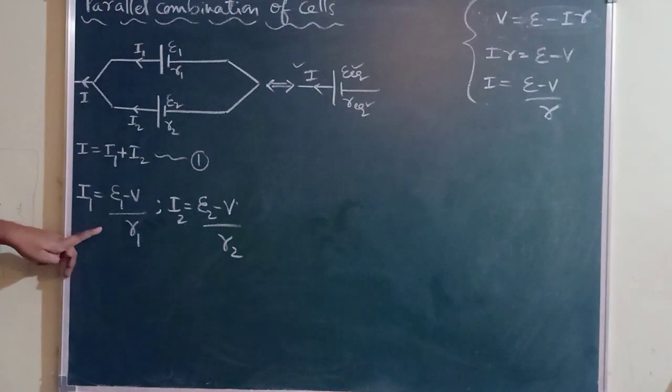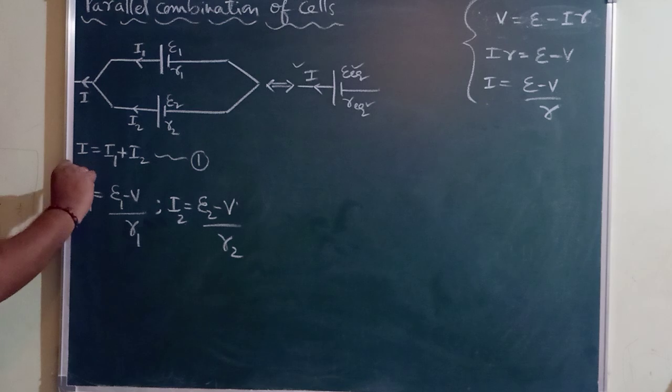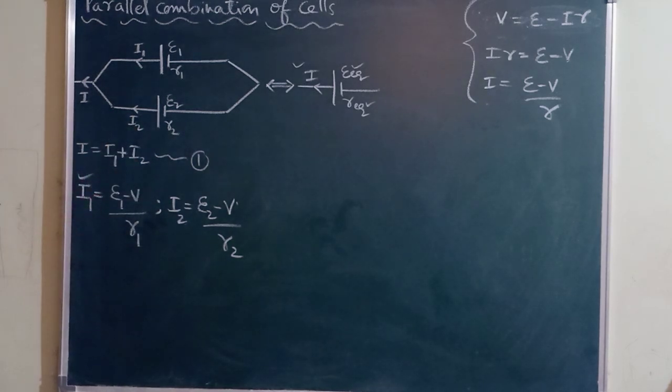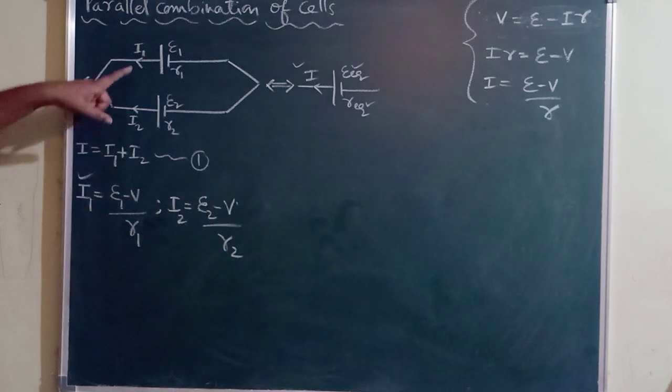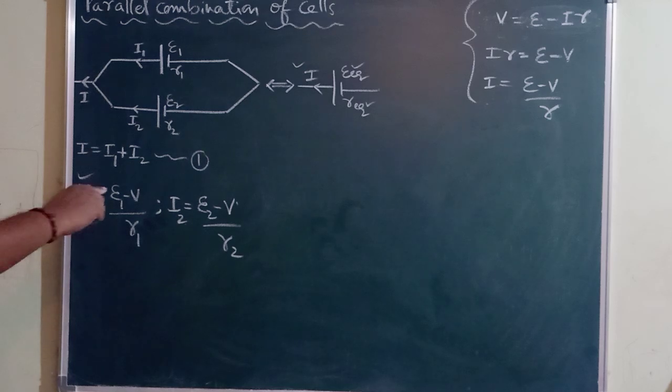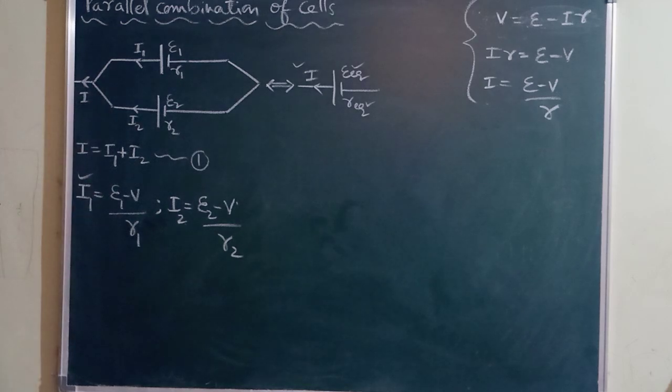Why are we using V in both cases? Because the two cells are connected in parallel, the terminal potential difference across both the cells will be the same.